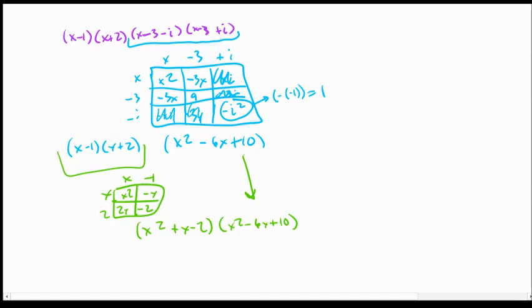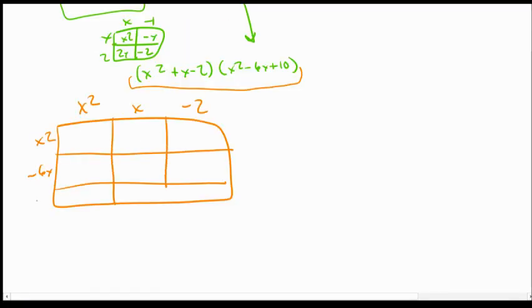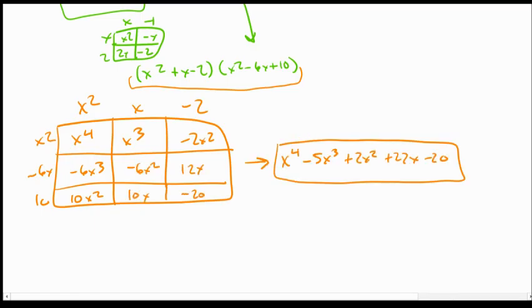And now lastly, I'm going to multiply all three of these terms with all three of the second group of terms. And so after multiplying those together, I get this here in orange, x to the power 4 minus 5x cubed plus 2x squared plus 22x minus 20.